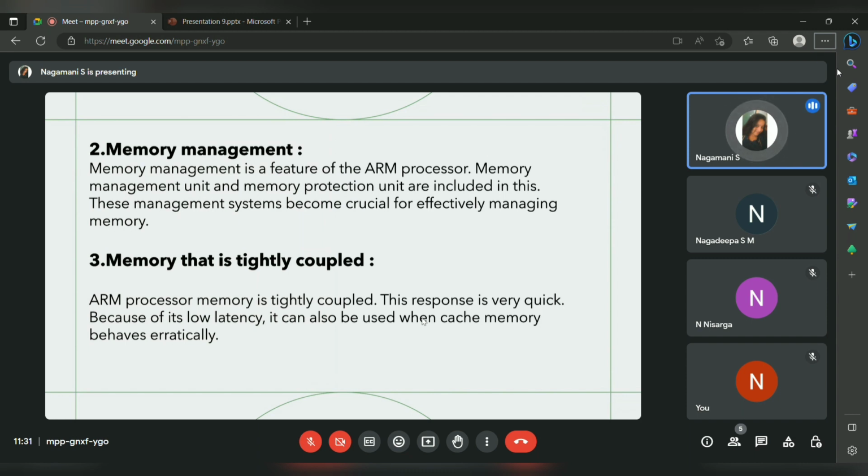The third feature is tightly coupled memory, which means ARM processor memory is tightly coupled. The response is very quick because of its low latency, and it is also used when cache memory behaves erratically.